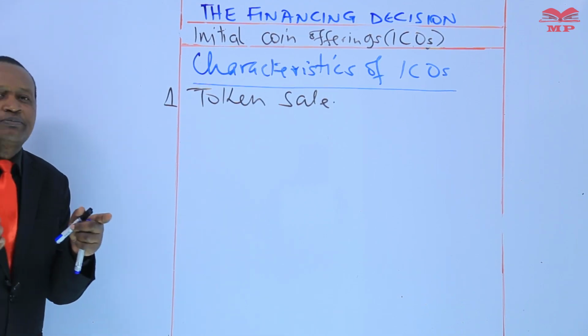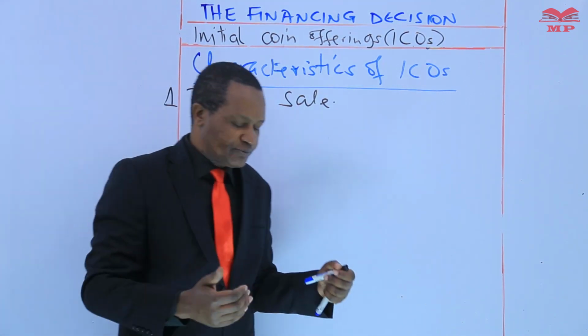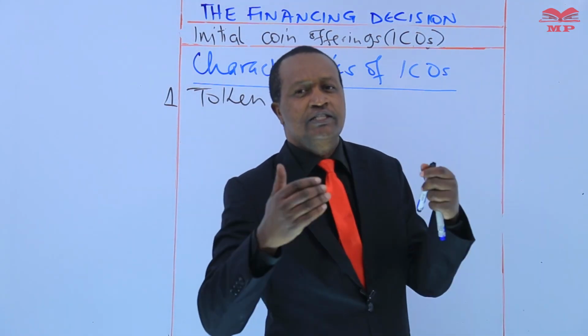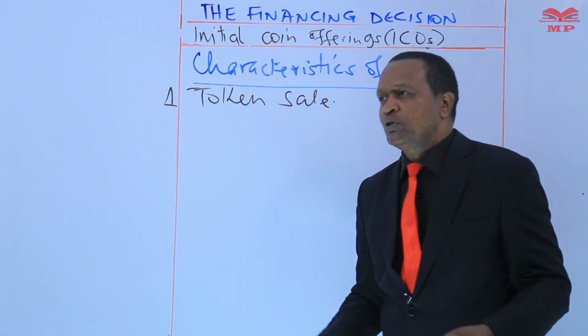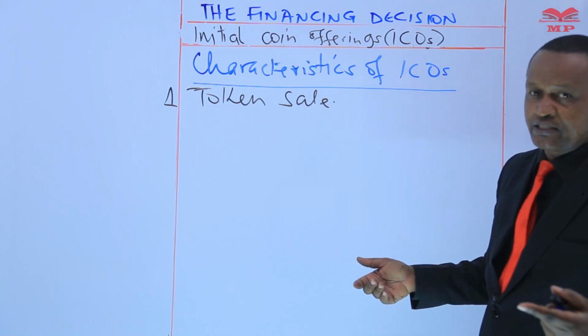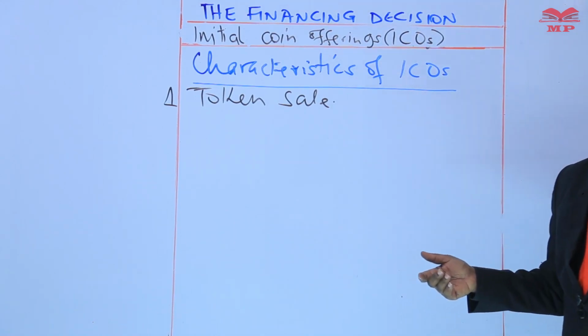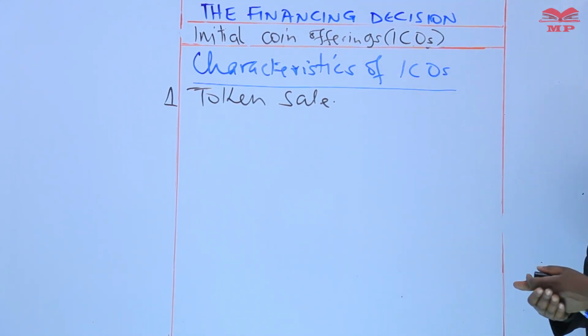So these tokens may represent ownership. These tokens may represent utility. These tokens may also represent future access to the project's products or services.